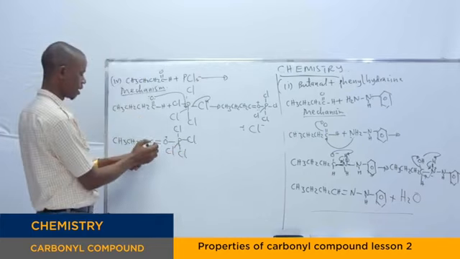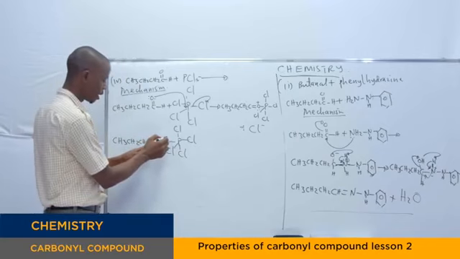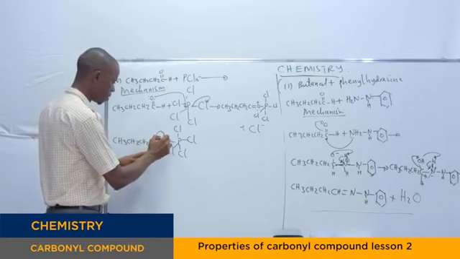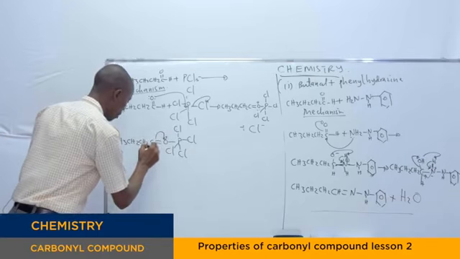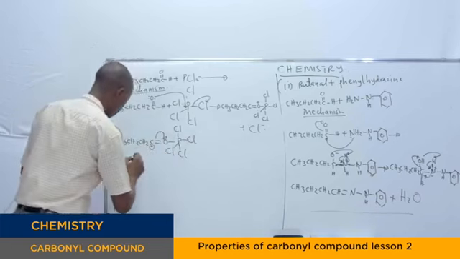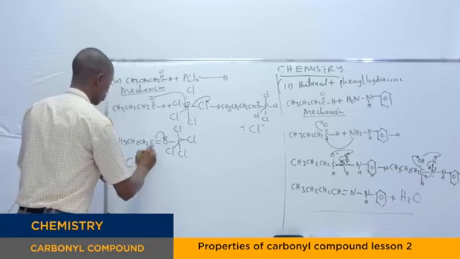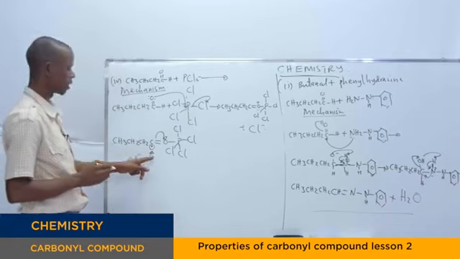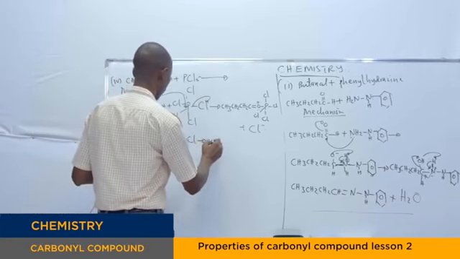Now what happens here is that to return back the lone pair on an oxygen atom, this pi bond will break down. So this will remain positively charged. To stabilize this one, this chloride ion will come and neutralize this positively charged carbon. So we are going to have the following.